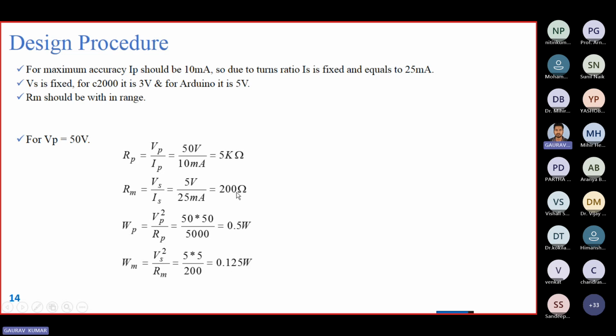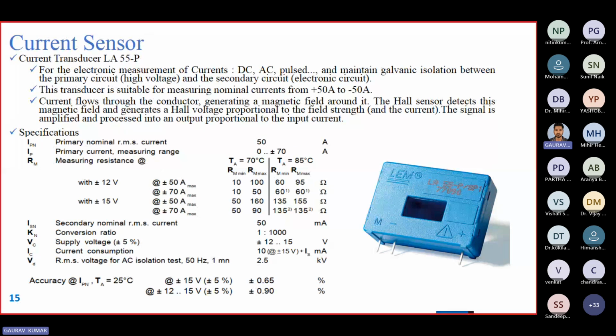Okay, moving to the next slide, current sensor. This is the current sensor, which also works on the principle of the Hall effect sensor. Similarly, we provide the input, in this case some current, through some wire. Here you can see a hole is present. You have to pass a wire through it, and in the wire some current flows, and this is the input of the current sensor.